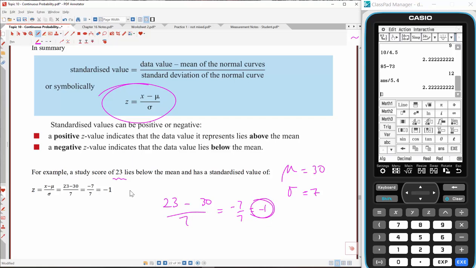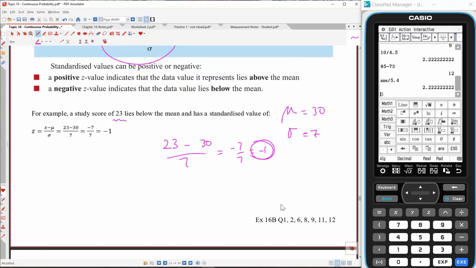That means she's 1 standard deviation below the mean, or she is in the bottom 16% of the cohort. That's what that would indicate, bottom 16%. All right, so your job now is to try that out in 16B.